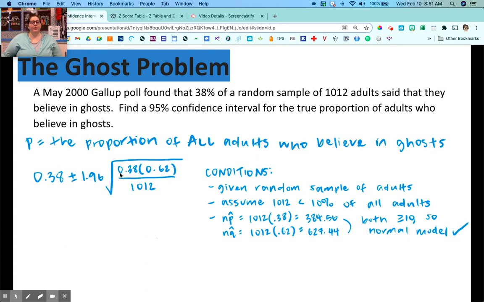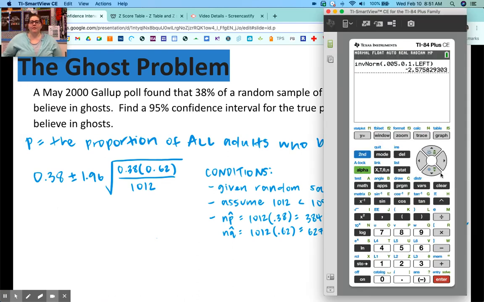Do that math. You can do it one step at a time. If you're really good, you can try to put the whole thing in your calculator at once. I like to do it one step at a time, but then in my calculator, don't round in between, if that makes sense. So if I do the square root part first, I can do square root of 0.38 times 0.62 divided by 1,012.